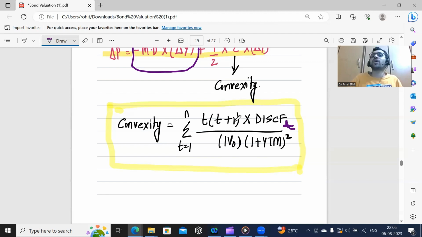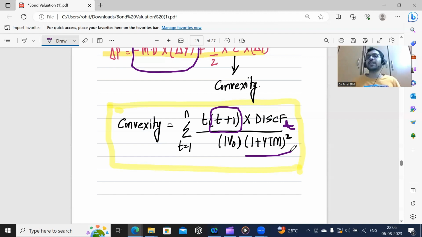So what has been added to the duration formula is one extra term, and in modified duration you had divided by 1 plus YTM, whereas over here you have 1 plus YTM the whole square. Modified duration was summation t equal to 1 to n, t multiplied by discounted cash flow for the respective year, the whole divided by IV0 into (1 plus YTM).